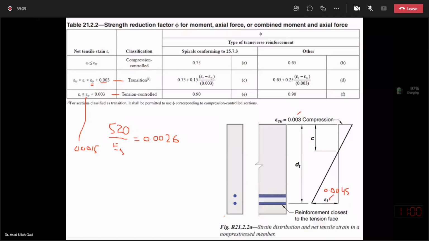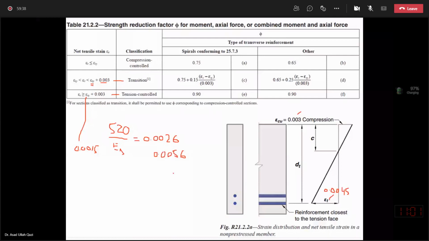But if suppose in a project you are using a higher grade steel bar, then be careful. As per latest guideline, you will determine the strain magnitude, that what is allowed. For example, for 520, now the threshold will increase from 0.005 to 0.056.